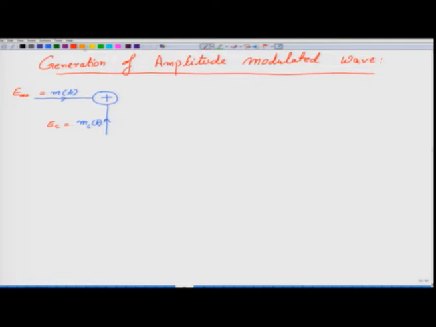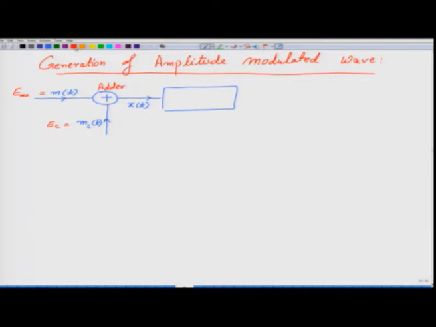So this first goes to an adder which adds the two waves. The next block is a square law device. Once mc(t) and m(t) are added, we get, let us represent that as x(t). So x(t) is basically mc(t) plus m(t).